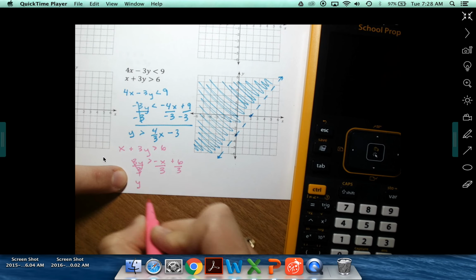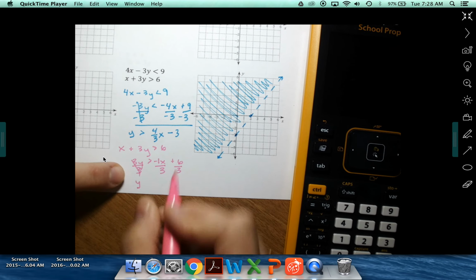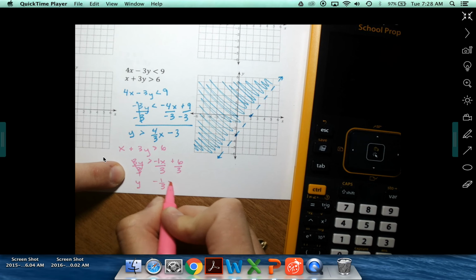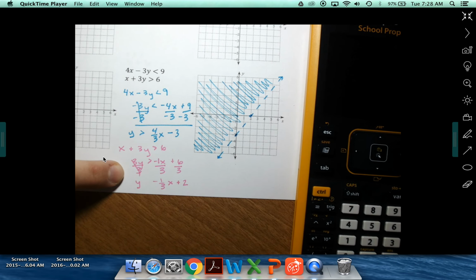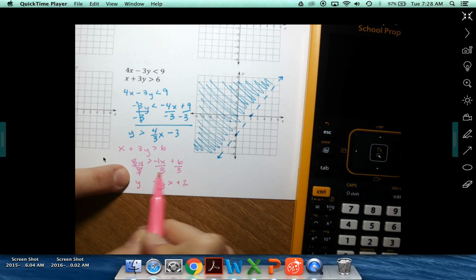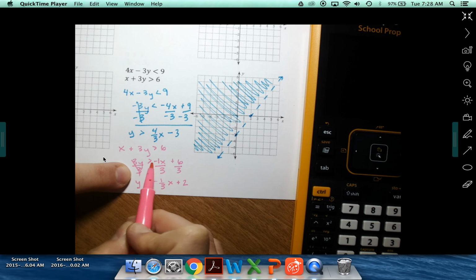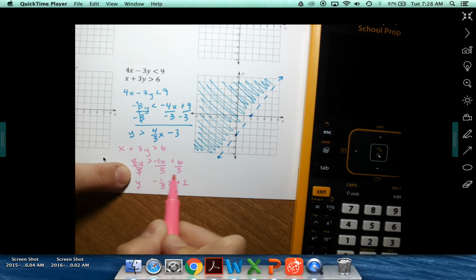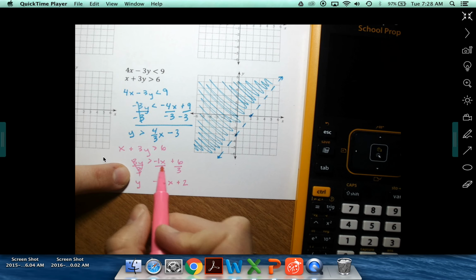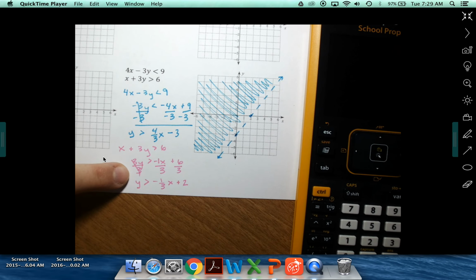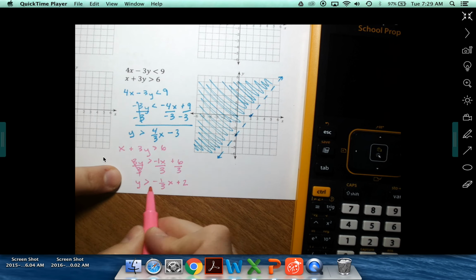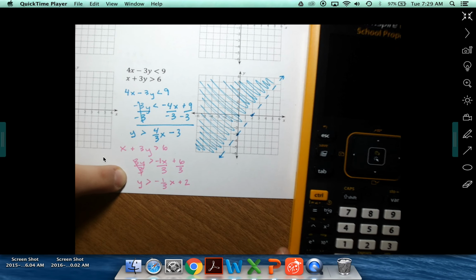So y, remember that's a 1, so we've got negative 1/3 x. 6 divided by 3 gives me a positive 2. Now notice I divided here, but this 3 is positive. It doesn't matter that that 1 is negative. It depends on what you divide by. So this 3 is positive, so my symbol is just going to stay the same. Now I've changed my second inequality.